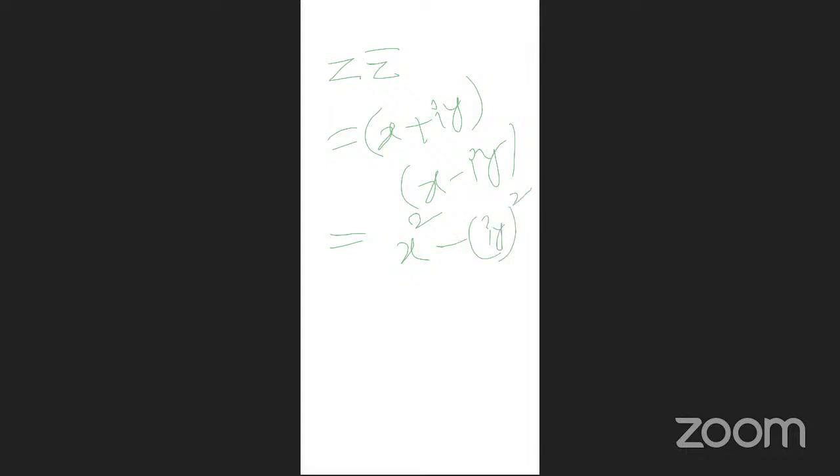Thus we get x square minus i square y square. We know i equals root of minus 1, so i square is minus 1. Substituting that, we get x square plus y square. Therefore, z into z bar equals x square plus y square.